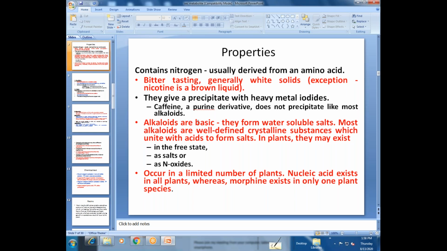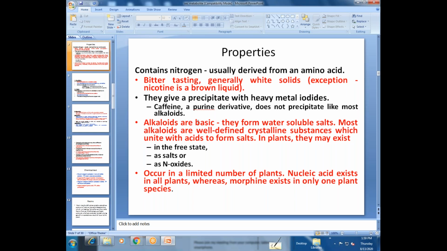Kushal, what is the next property? They produce a precipitate, ma'am, with heavy metal iodides. So they give a precipitate reaction with heavy metal iodides. In the bracket, you can say heavy metal iodides are the test for alkaloids.